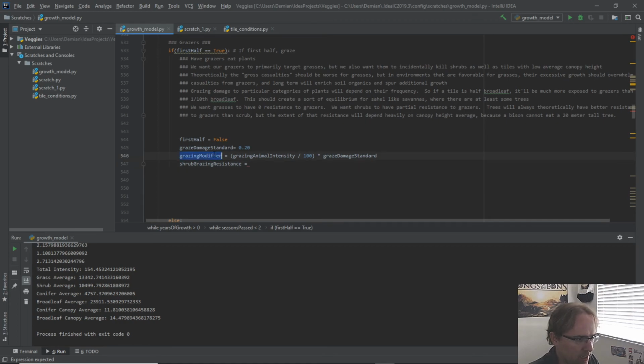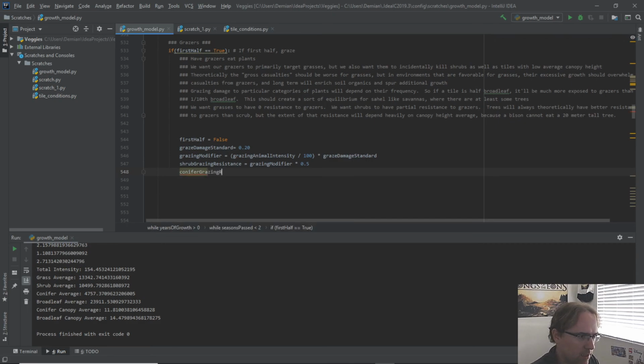So shrub grazing resistance, let's just make it twice as resistant as grasses. So it's just going to be grazing modifier times 0.5. Yeah, we're going to want to modify all this later because we'll need to tune it, I'm sure.